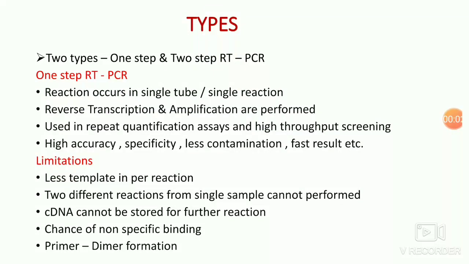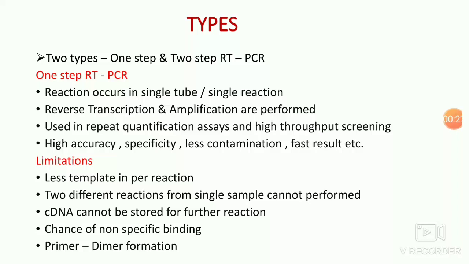Types of RT-PCR. There are two types of RT-PCR: one-step RT-PCR and two-step RT-PCR. First, let's see about one-step RT-PCR. Here, the reaction occurs in a single tube or single reaction. Reverse transcription and amplification are performed as a single reaction and hence it got its name.